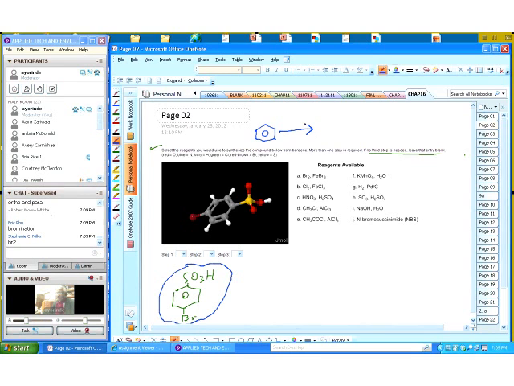Excellent. Eric said bromination. Okay, great. That is correct. But can you tell me why bromination first? Why do you want to do your bromination first? That is correct, by the way.